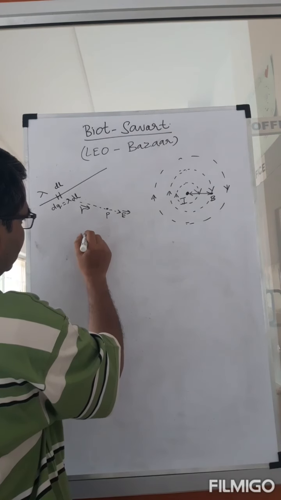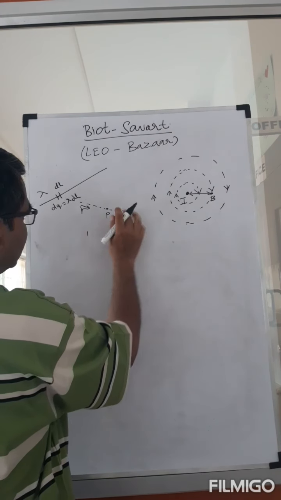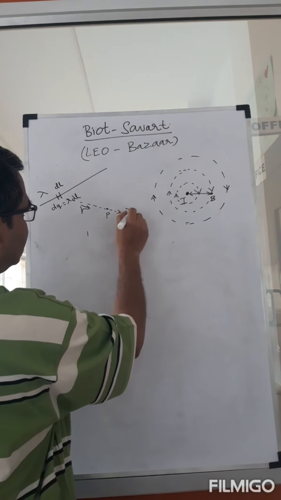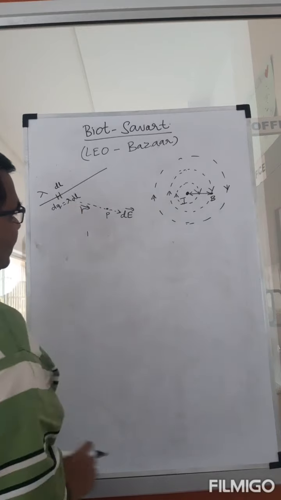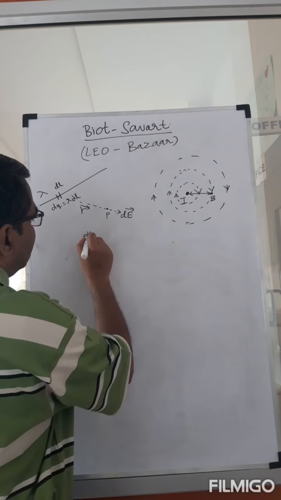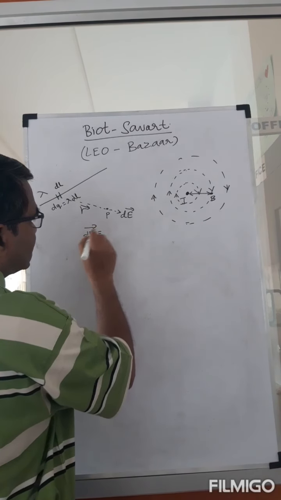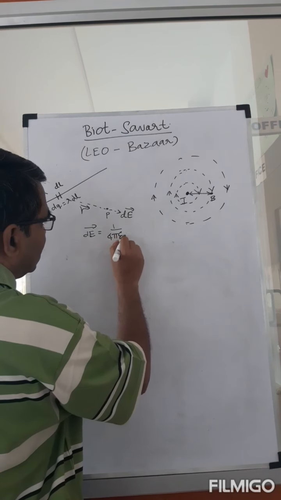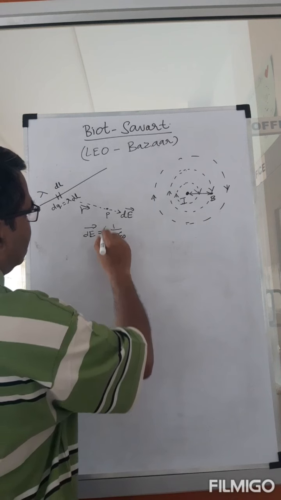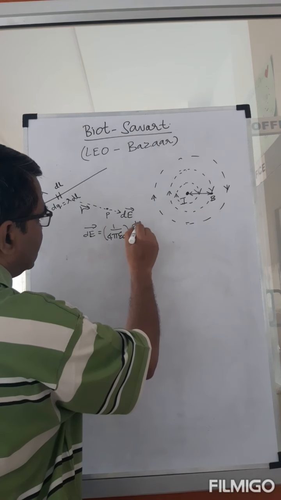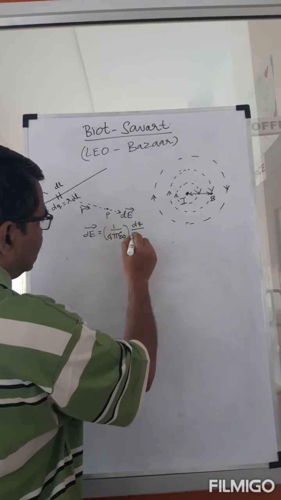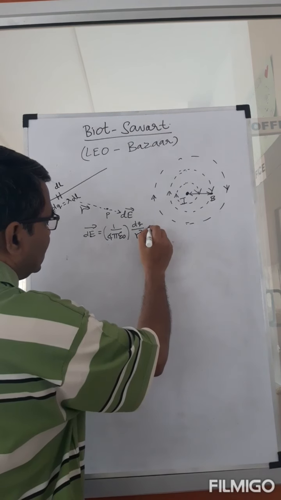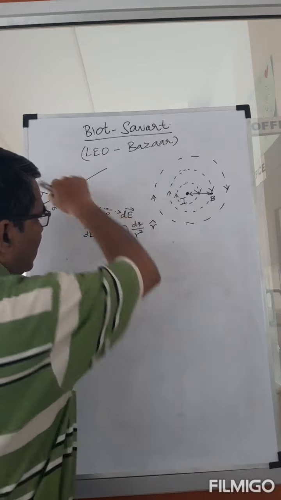So this will be dE, small charge, small field. So dE is equal to 1 by 4 pi epsilon naught into dq, that's a charge, by r squared in the direction of r.